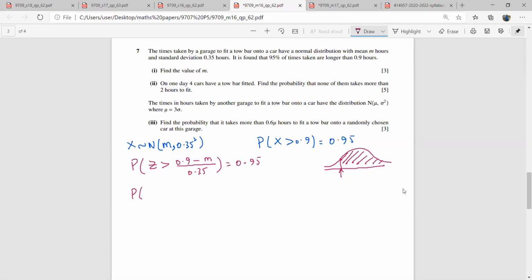The probability Z is greater than, I'll take a minus common from here, (m minus 0.9) over 0.35, and that is equal to 0.95. So now there is a greater than sign and a minus, so this is directly phi of (m minus 0.9) over 0.35, equal to 0.95.